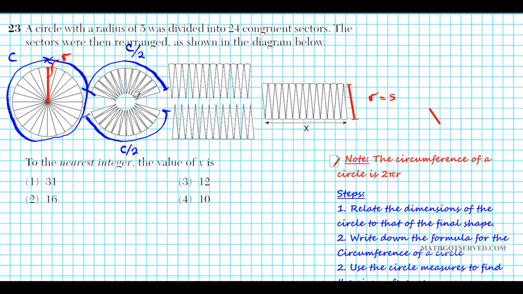Okay? Now take a look at this. The sectors were then aligned in this orientation. So you have this distance right here, 12 sectors. What's that distance? That distance is still the circumference divided by 2.